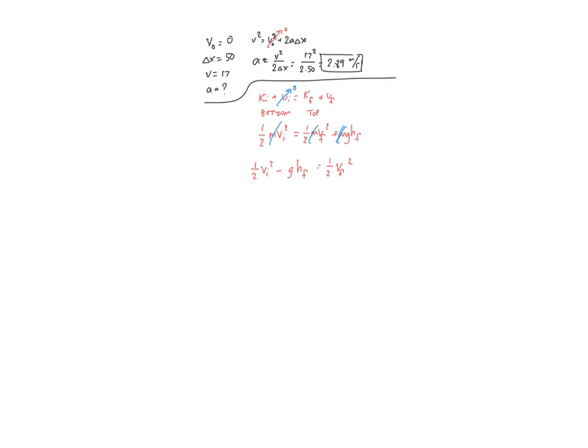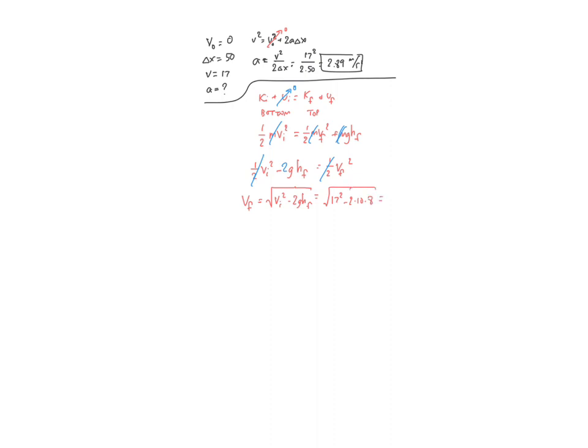Multiplying everything by 2 would get rid of this 1/2, get rid of this 1/2, and it would put a 2 in front of that term. And then with the square root, you end up getting Vf is equal to the square root of Vi squared minus 2g h final. Plugging in all the numbers, you have 17 squared minus 2 times 10 times 8.